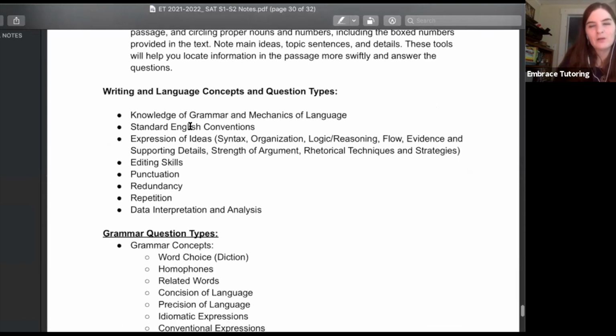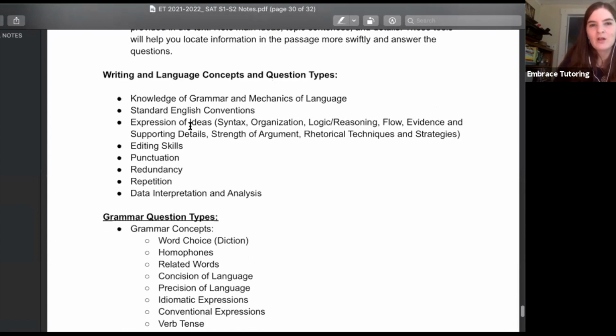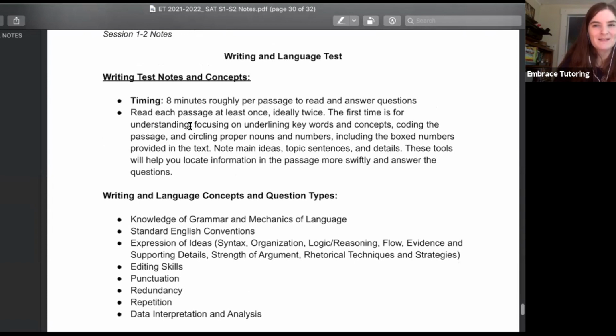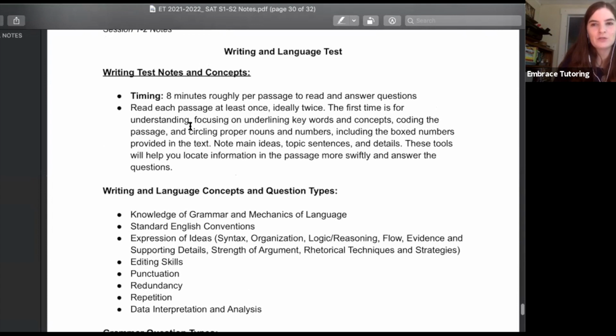And it's going to help you find information in the passage. Although I will tell you that you don't need to do quite as much or as intensive annotation on this section of the test as you need to on the reading test.